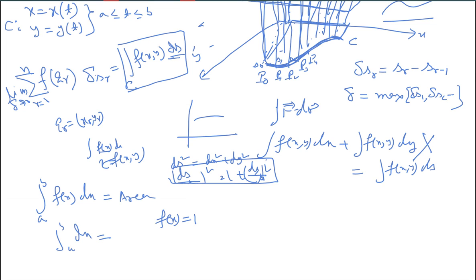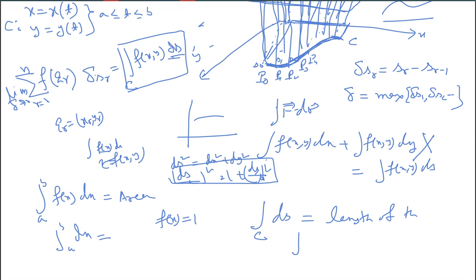Length of a line. So if I write integral c ds along the curve, s is the arc length of this curve. Then this one is the length of the curve.